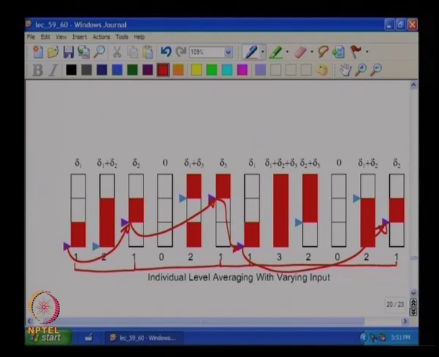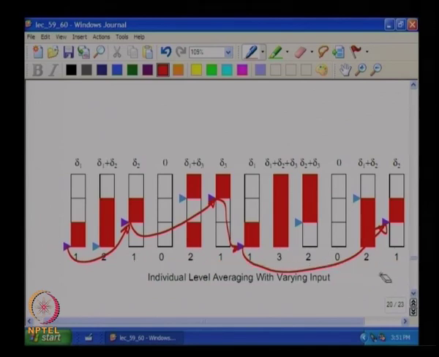So, for each input level you have a pointer, and you keep starting from where you left off for that particular individual level.